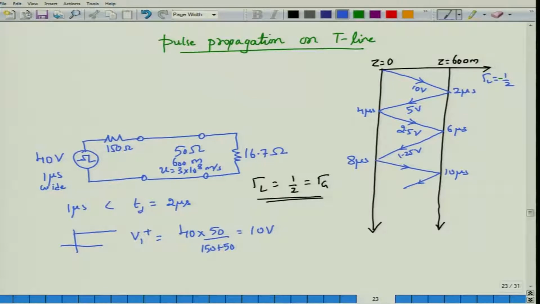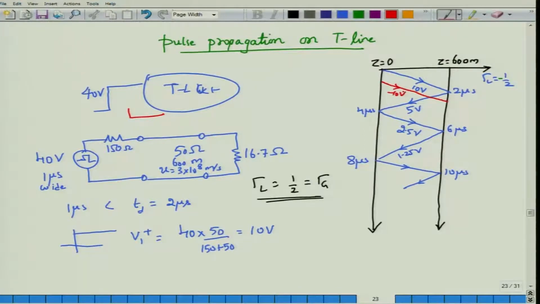In the earlier modules, we had a step voltage of 40 volt applied to the transmission line circuit. So, this was our transmission line circuit and we have just looked at the propagation. But now remember, there will be a second step that we are going to apply, and this time the step will be applied at 1 microsecond. So, as soon as I am done transmitting this 10 volt here, I need to next start transmitting a minus 10 volt.